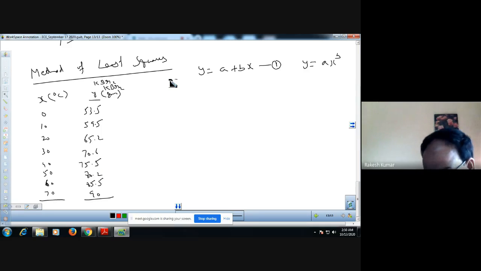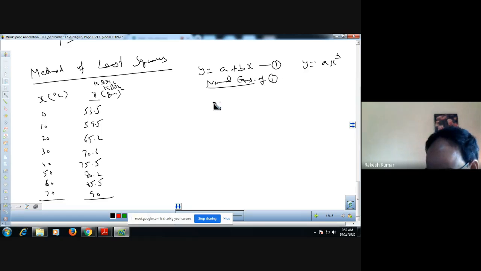Now the important thing is we need to use the normal equations, which are standard, and we have to remember the normal equations of a straight line.